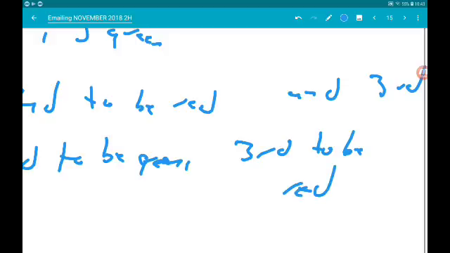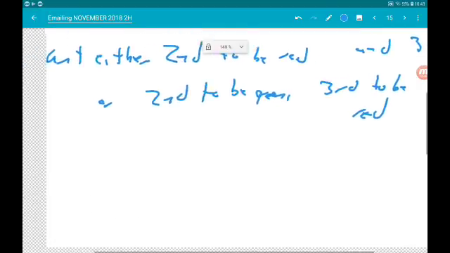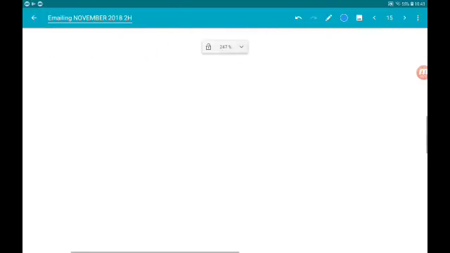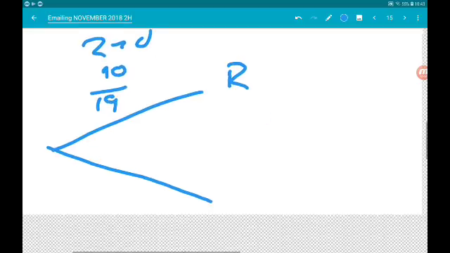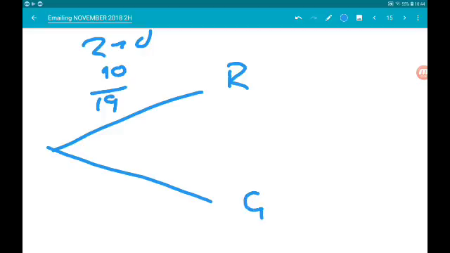Now we could use a tree diagram. In fact, let's do that. So it's going to be a very bare bones tree diagram though. Now the reason that we're not including blue is because we want each disc to be a different colour. So the probability of getting a red is 10 out of 19. Probability of getting green is 3 out of 19.